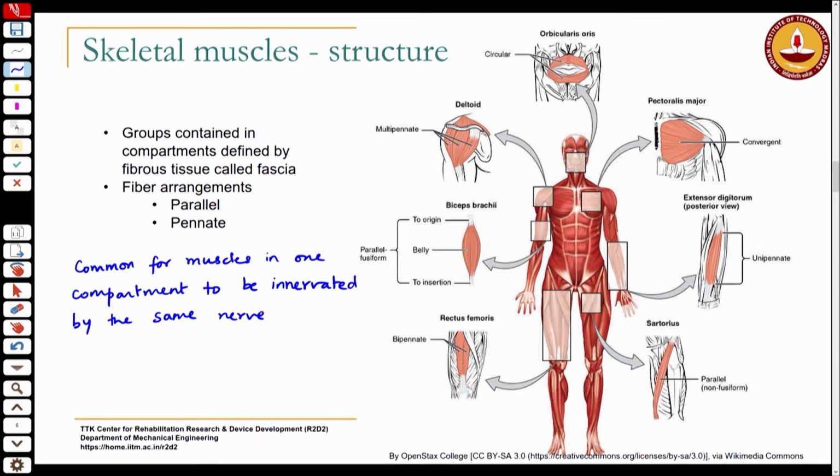Okay. So, if you look at a cross section of the thigh, for instance, you would have the femur, and then you would have the muscles in a compartment like that.